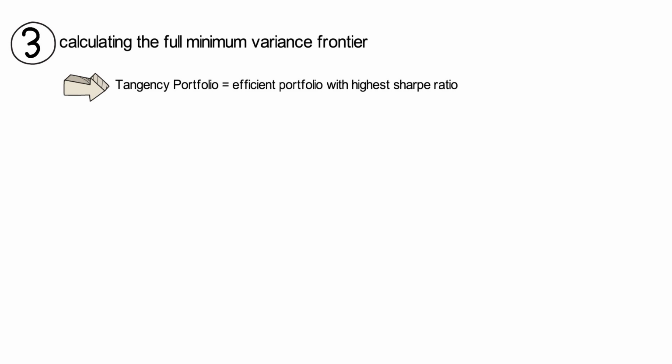So mathematically, you do create a grid for all expected portfolio returns that you want to consider. We call them mu-p. And for these, you set a lower bound, an upper bound, and an incremental step size.